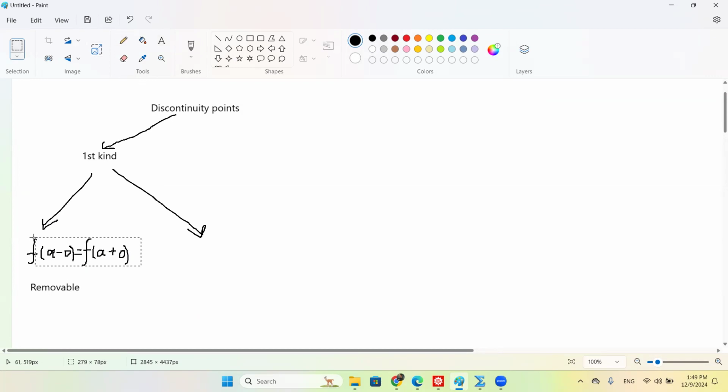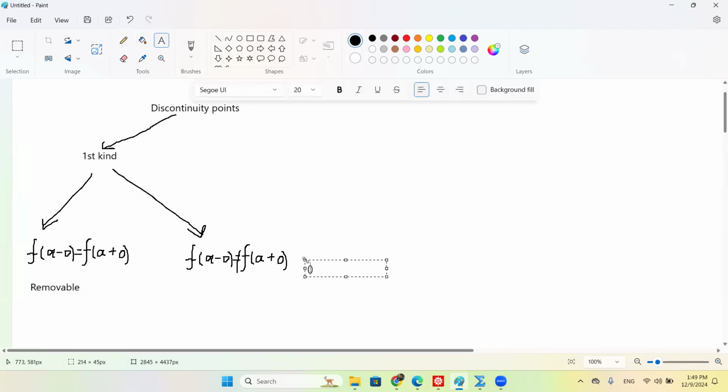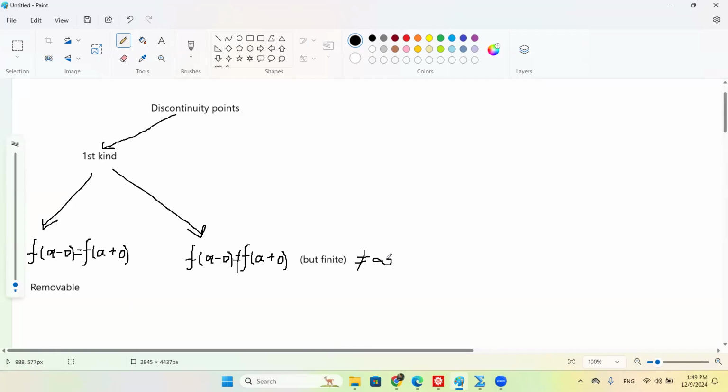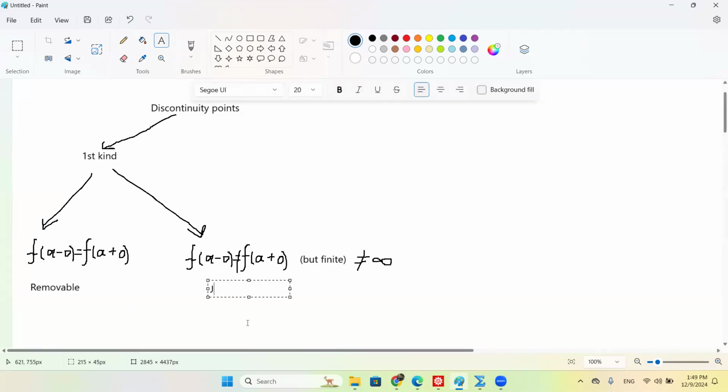And if they are not equal, but they are finite, so not equal to infinity, then this is a jump discontinuity point.